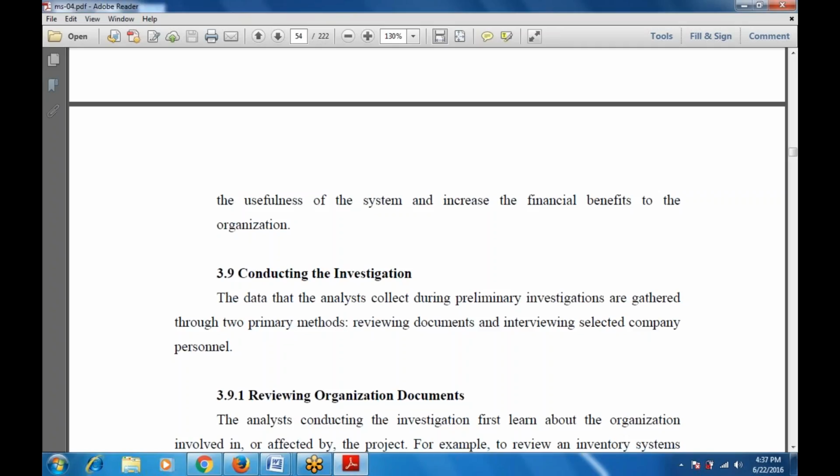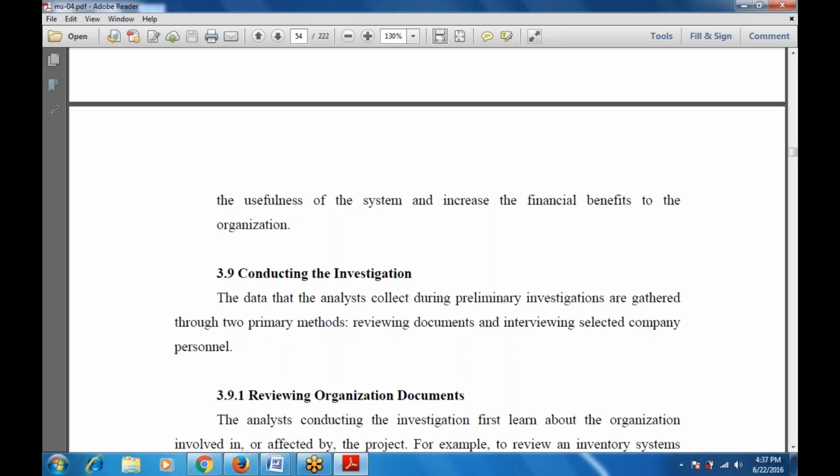First one is reviewing the documents. Next one is interviewing the selected company personnel.